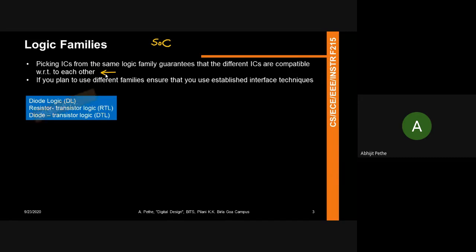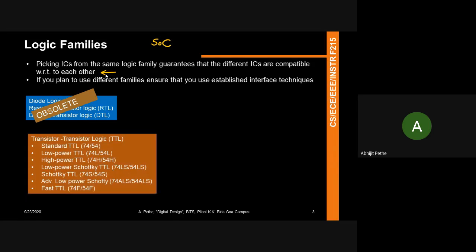They're obsolete now, primarily because nobody uses them. We've come up with transistor-level families, and we are able to get away with better chips, right? So the next big group of chips is the TTL logic. And TTL is primarily what we use in our labs today.